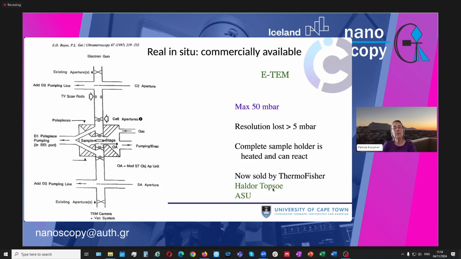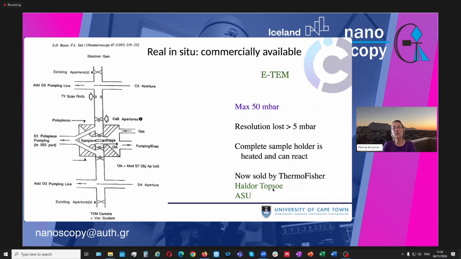And if you consider this kind of system, which Thermo Fisher has already sold for a while as a commercial option, like I said, you can put about 50 millibars into the system before you start damaging your electron gun.